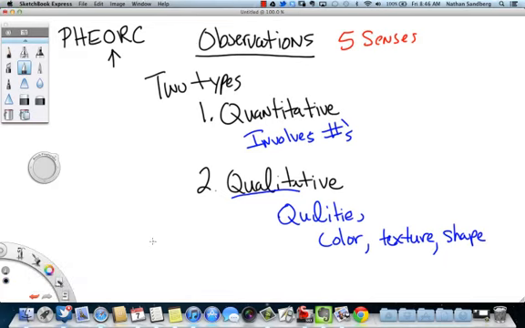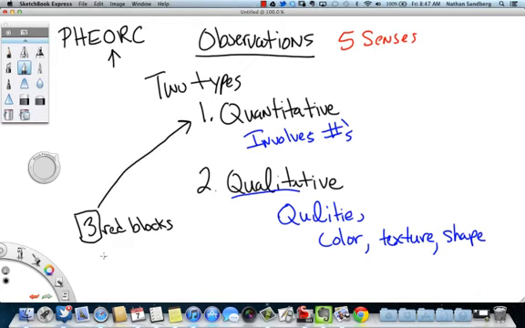We can say something like 3 red blocks. There are 3 red blocks. Well, the number 3 right here automatically makes that observation a quantitative because 3 involves a number. That is a quantitative.